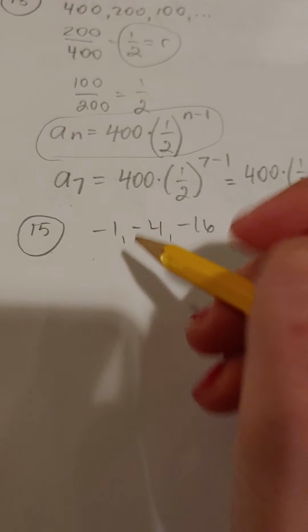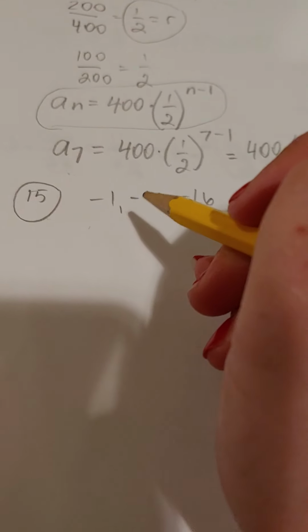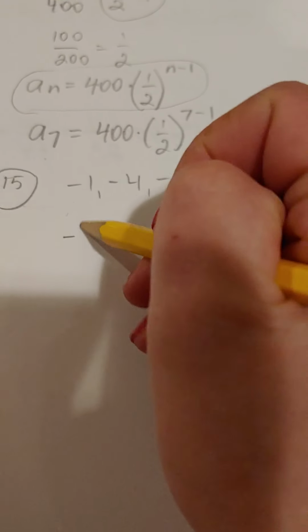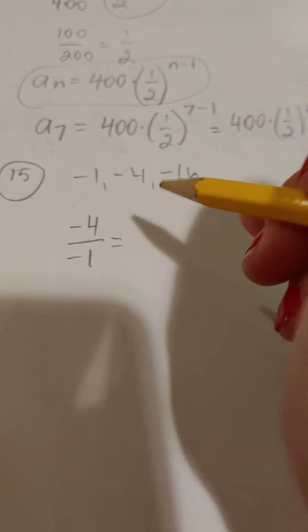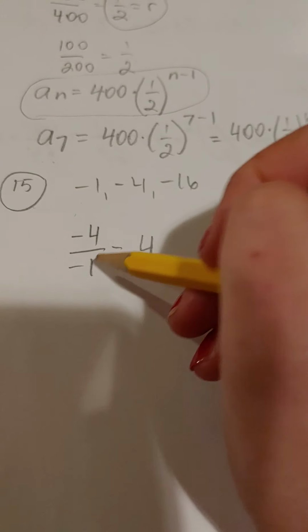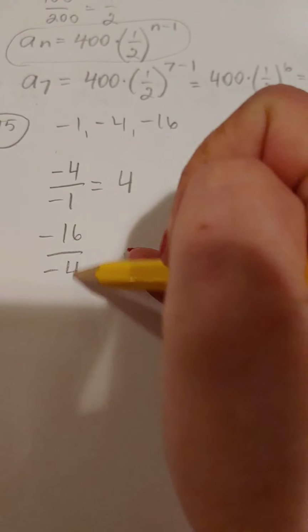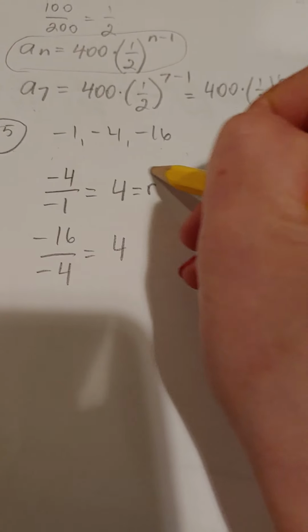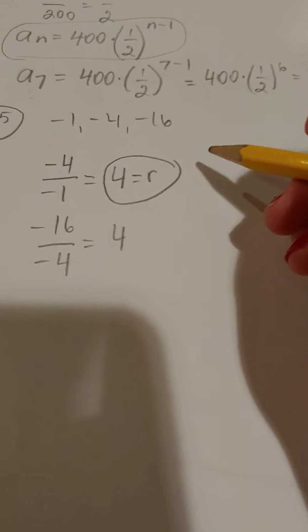First we have to figure out if this is a geometric sequence. For that, we're going to divide -4 by -1, the second term by the first, and the answer is 4. Then we take the third term and divide it by the second, -16 over -4, and the answer is also 4. So this is my common ratio that we're going to use for the formula.